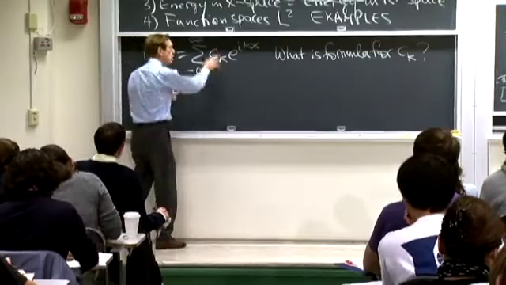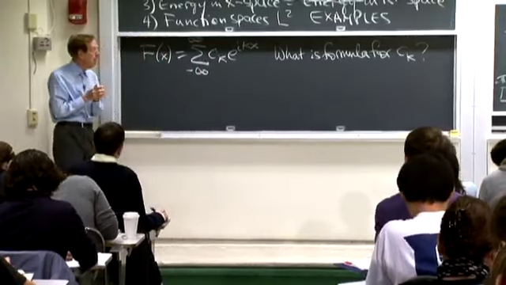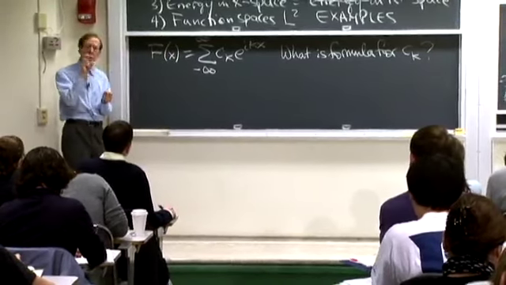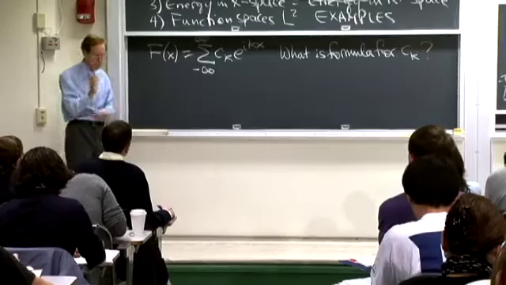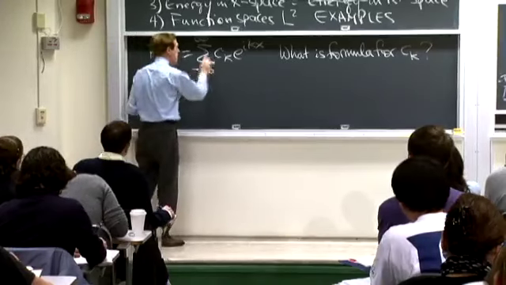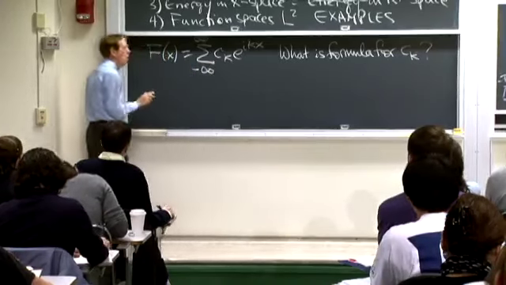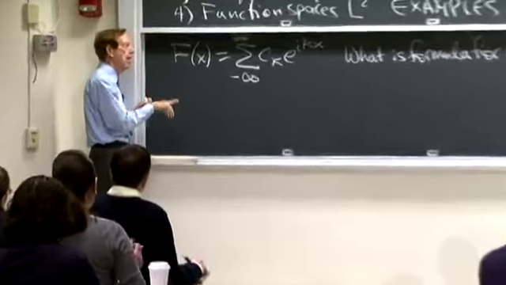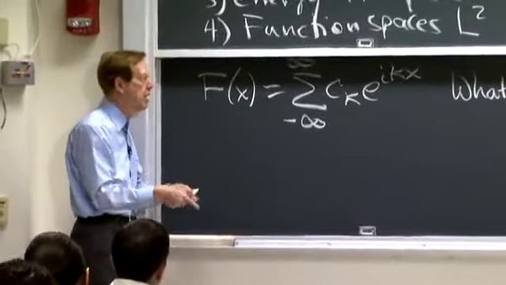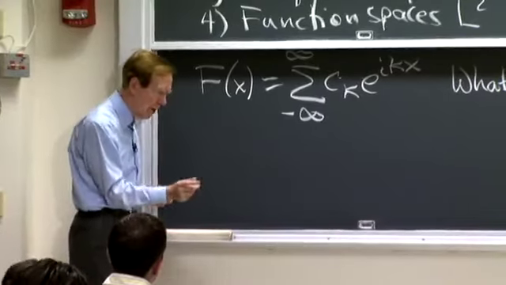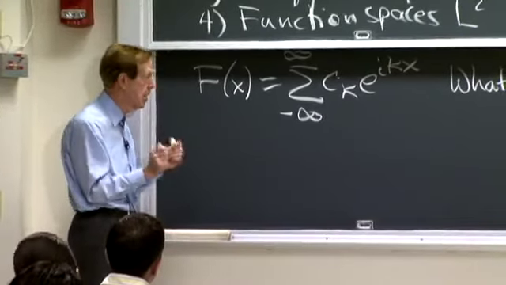The question is, what do I multiply by? Suppose I want to know a formula for c_3, the coefficient. What am I going to multiply by? That's going to give me the orthogonality I need, that all the other integrals are going to disappear. That's the key.